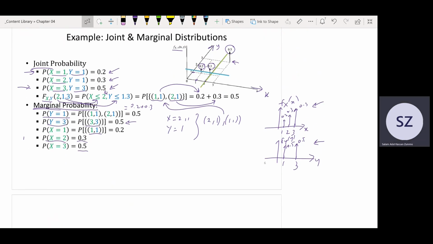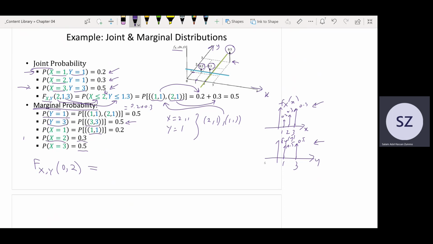Now let's have examples on the marginal CDF. If I ask you what is the CDF of x and y at 0 and 5, and with 0 and 2. Think logically.